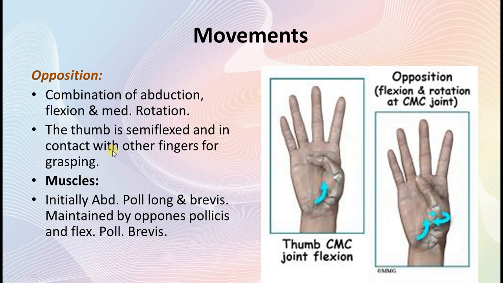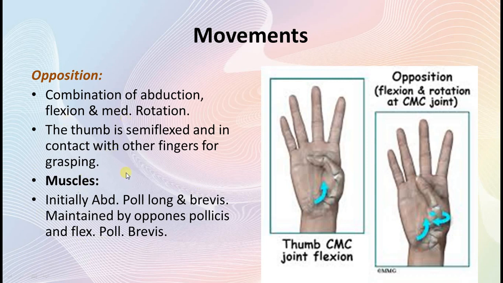That is why this is mainly initiated by the abductor pollicis longus and brevis. Then it is maintained by the opponens pollicis. And at a later stage, flexor pollicis brevis comes into action. Then if you want more power for grasping, the flexor pollicis longus also comes into action at a later stage.